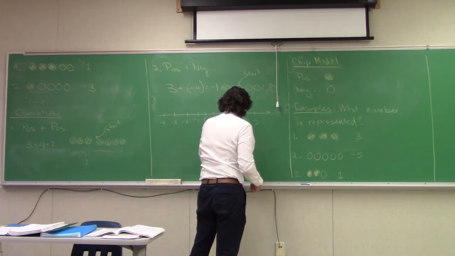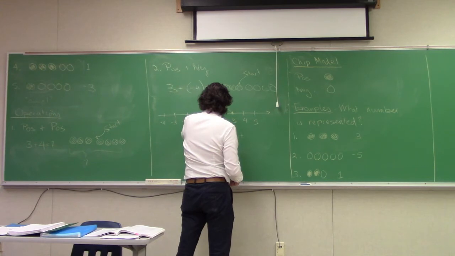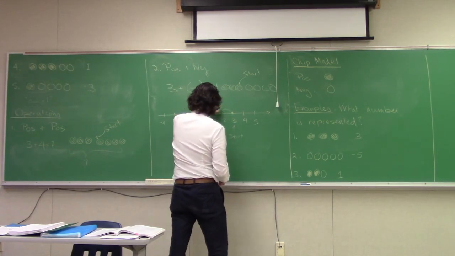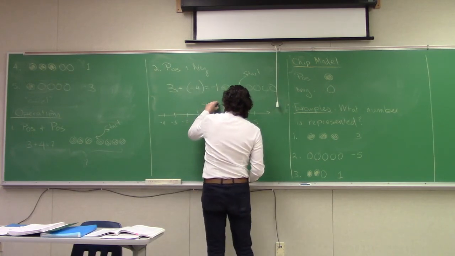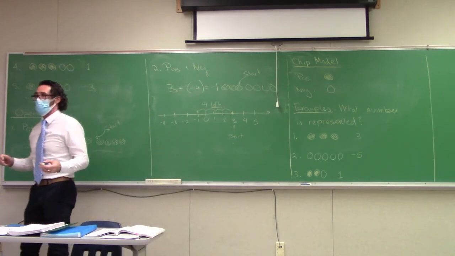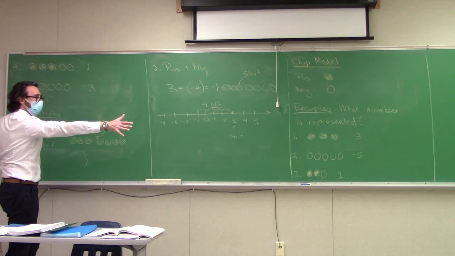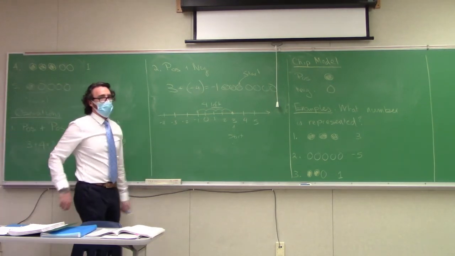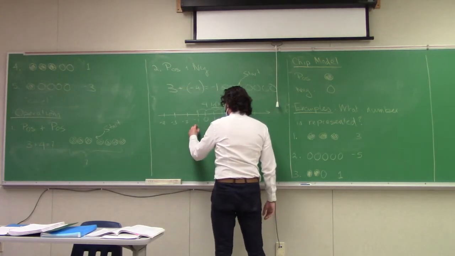If I'm adding negative 4, I move 1, 2, 3, 4 units to the left. The direction is of course important when we're working with these signed numbers. Positive, we move that way to the right. Negative, we move that way to the left. So then we go over here. And either way, we're getting at negative 1. There's your answer.